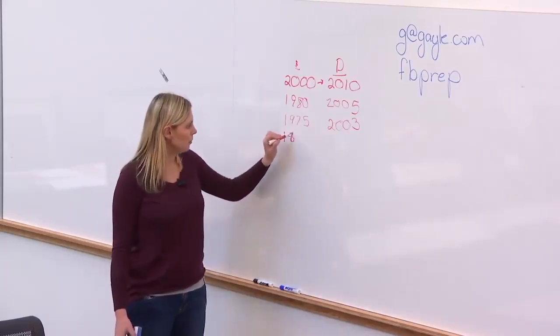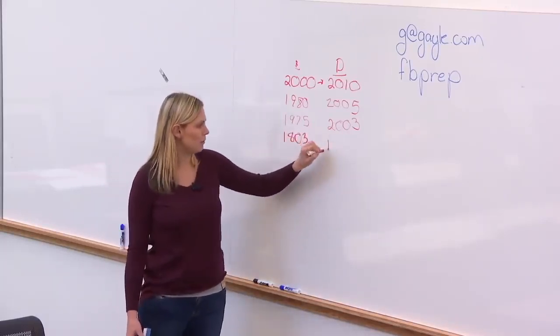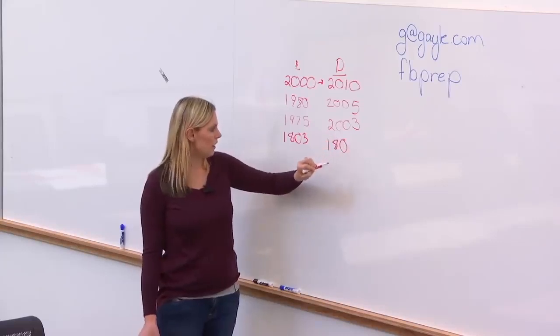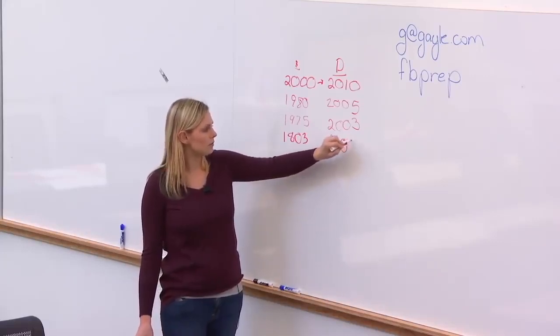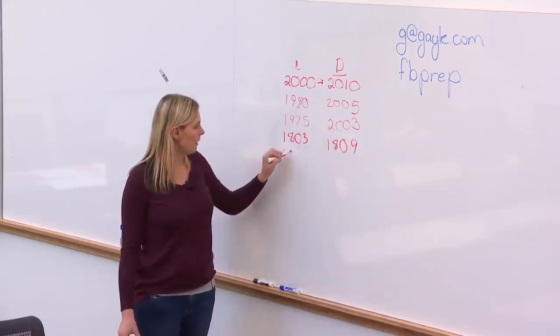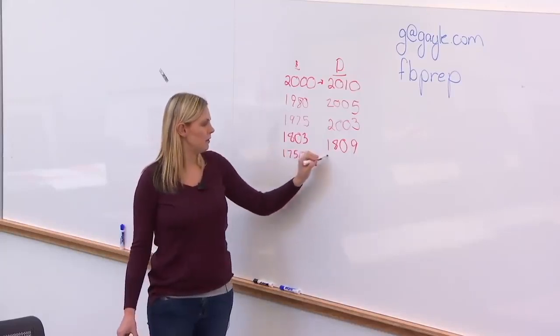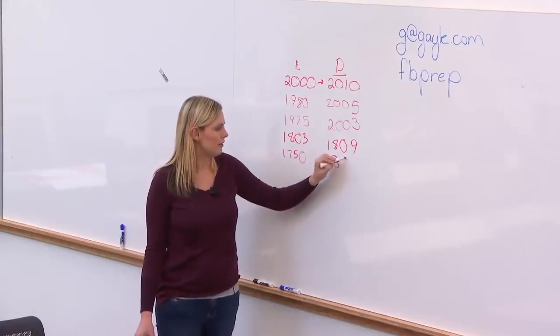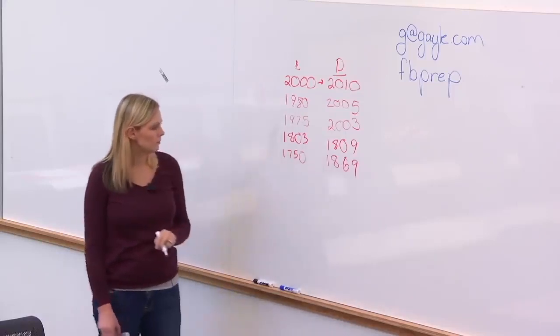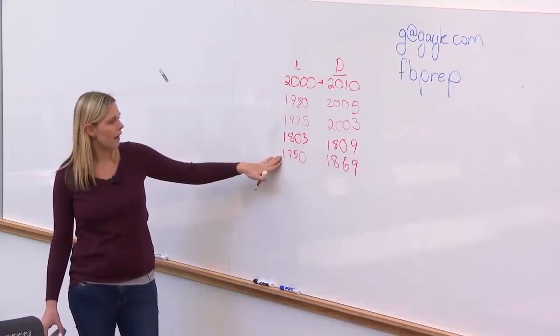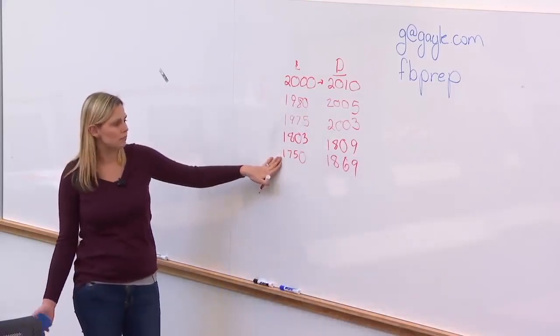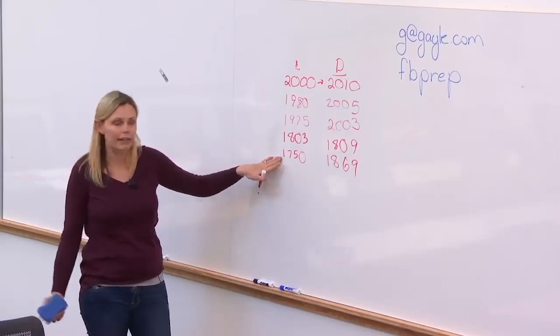So I'm going to make some people born in a much bigger time span. So here, 1803 to 1809, 1750. And this isn't necessarily realistic in the real world sense. Well, that's potential, 119 years, feasible, I guess.